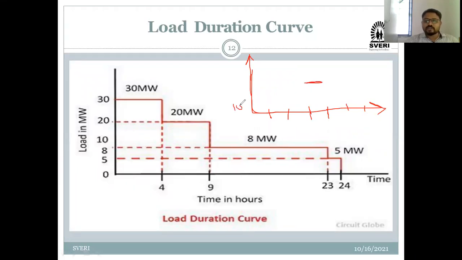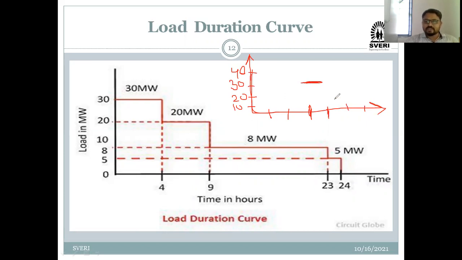If this is 10, this is 20, 30, 40, then from this point to this point, my demand is of what?